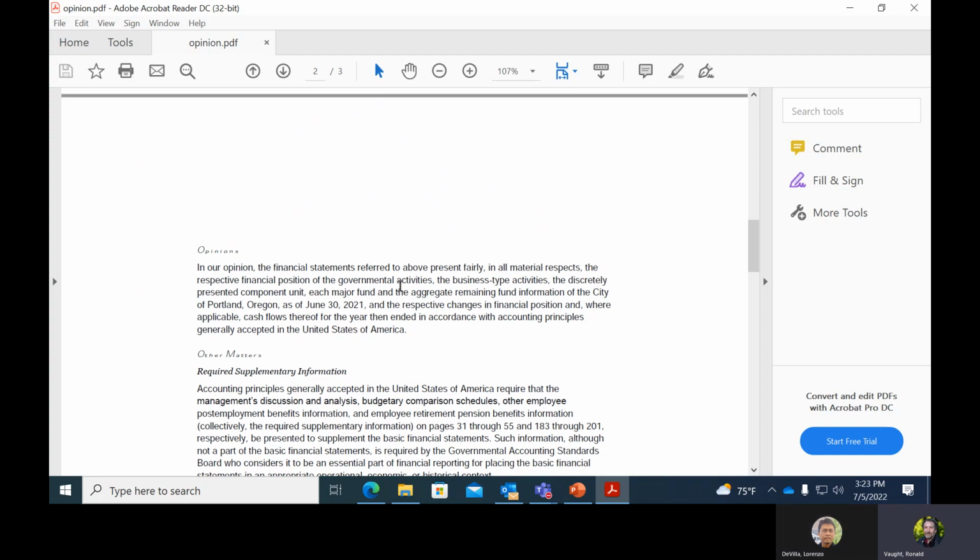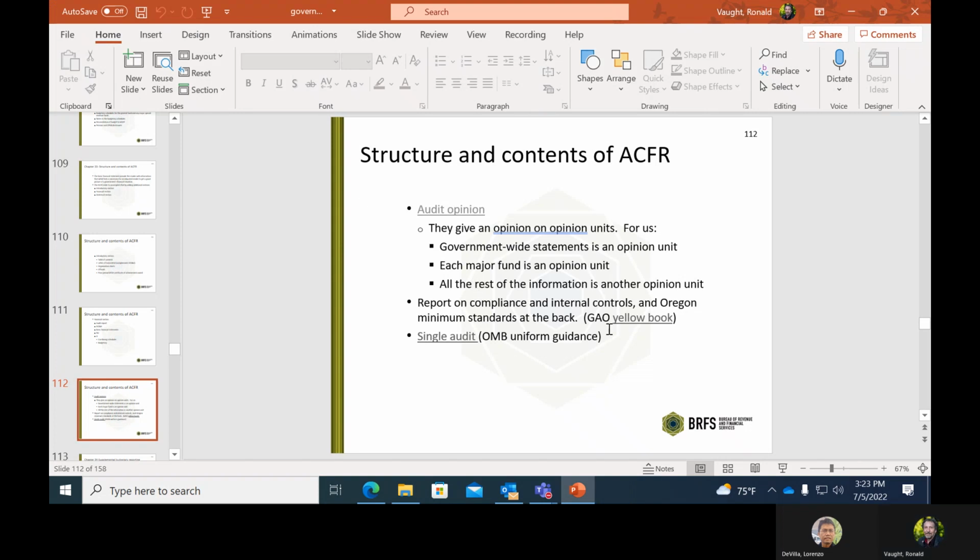And that's what that second opinion is about, a Yellow Book opinion, where this is an AICPA opinion. So we end up with two opinions based on the two different auditing standards, auditing bodies. GAS is generally accepted auditing standards. GAGAS is generally accepted governmental auditing standards. So anyway, that's why there are two opinions.